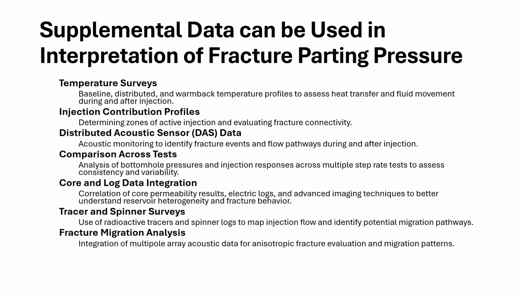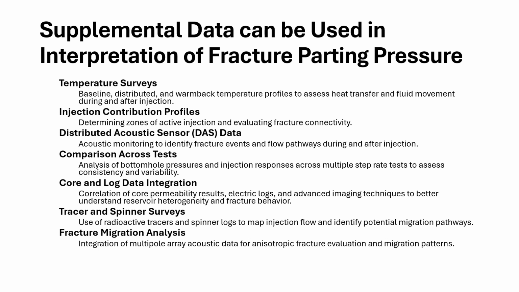Moving on, you can go in with a spinner survey where you can determine the injection contribution at different intervals or different depths. Different zones may activate, and you can determine that with a spinner survey.